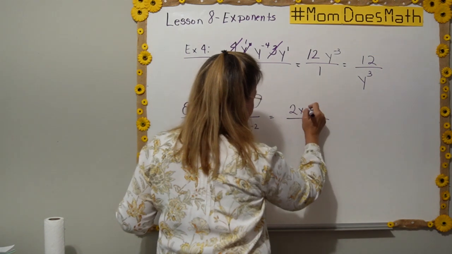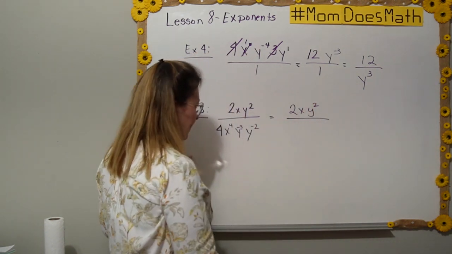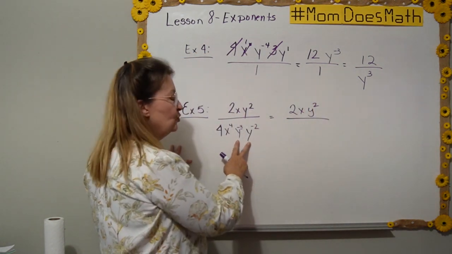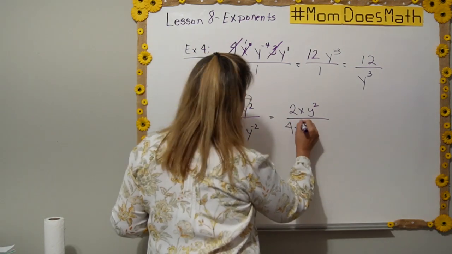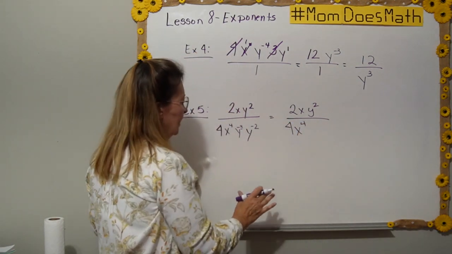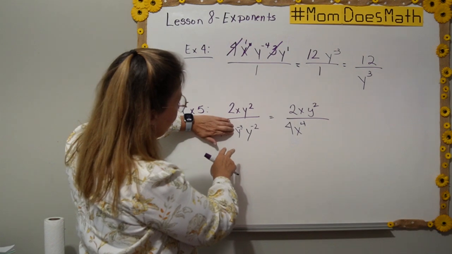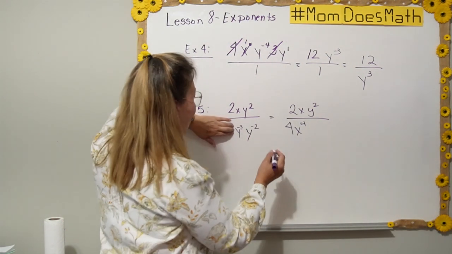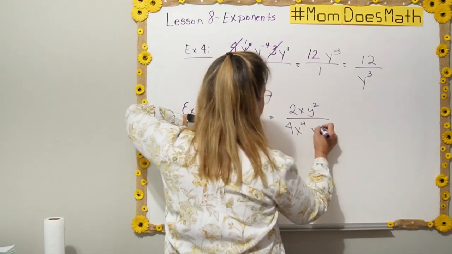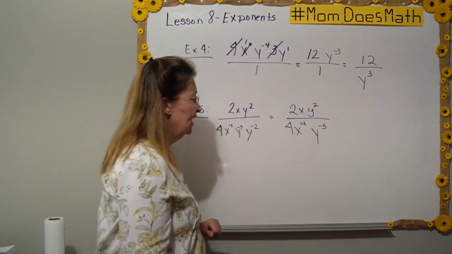So 2xy squared is fine. But down here I have two y's, and I could combine those, so I'm not going to touch the 4x to the fourth yet. But what is y to the negative 3 times y to the negative 2? If you're multiplying, you add exponents, and negative 3 plus negative 2 is negative 5.